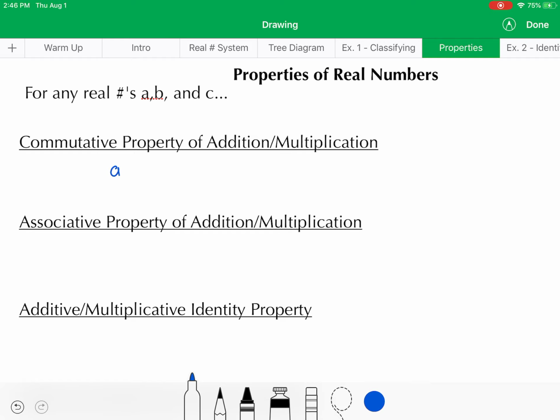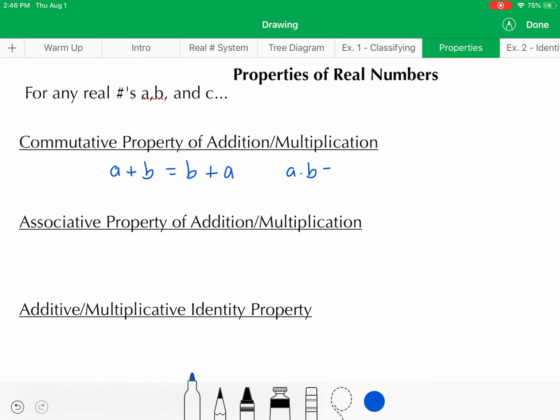Let's start with addition. If I'm adding together A plus B, that's no different than B plus A. So it's telling us we can add in any order. The result shouldn't matter. 1 plus 2 is the same as 2 plus 1. This works for multiplication as well.